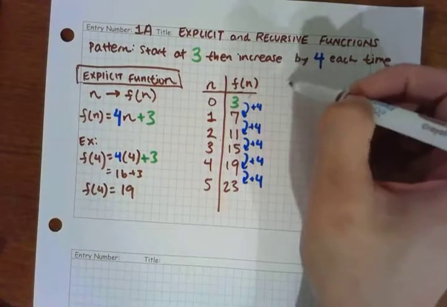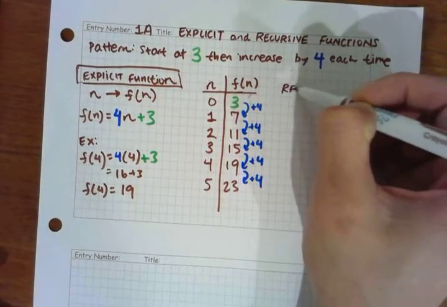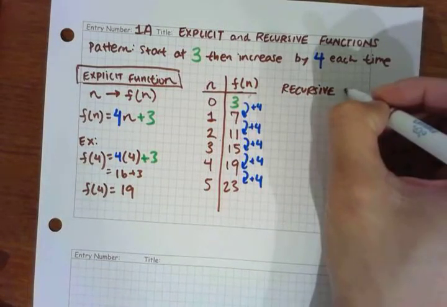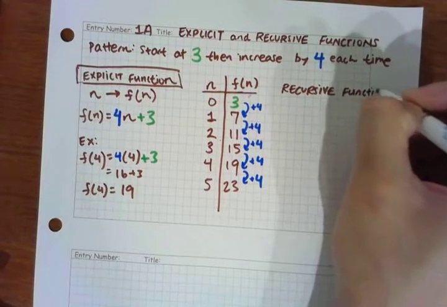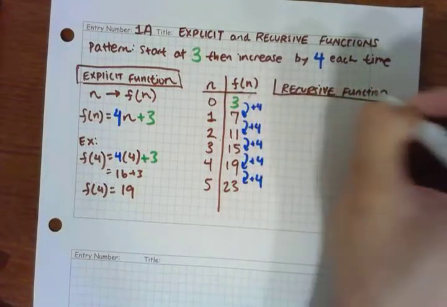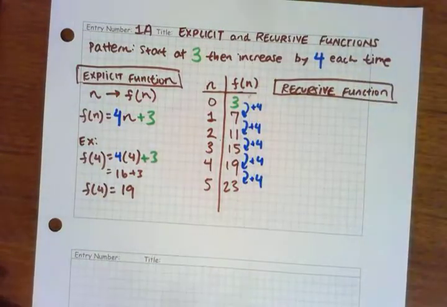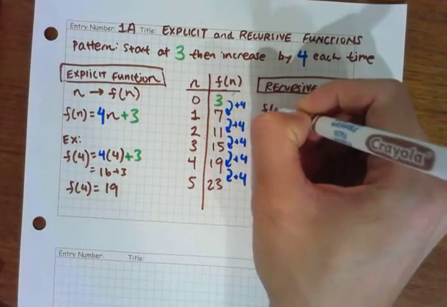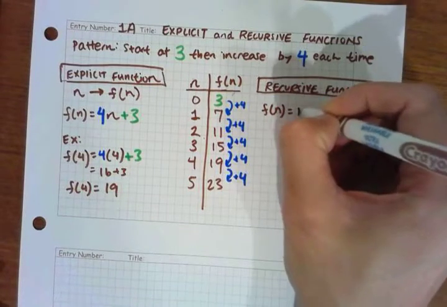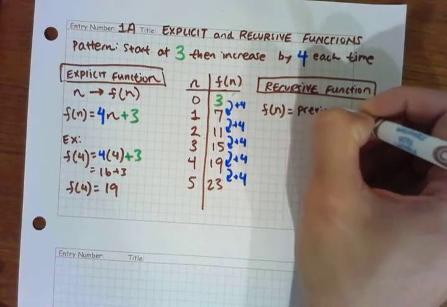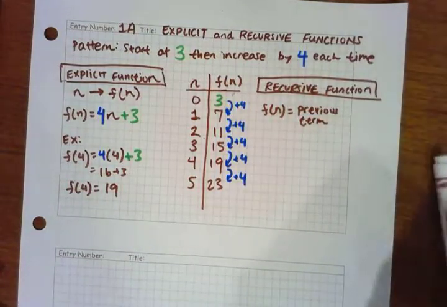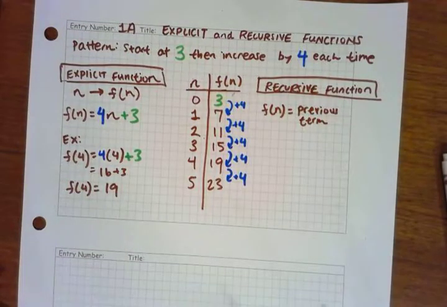Another way that you can represent this pattern is with a recursive function. And with the recursive function, your output, which is f of n, is based off of some previous term, and then whatever you're doing to that previous term to get to the term that you want.